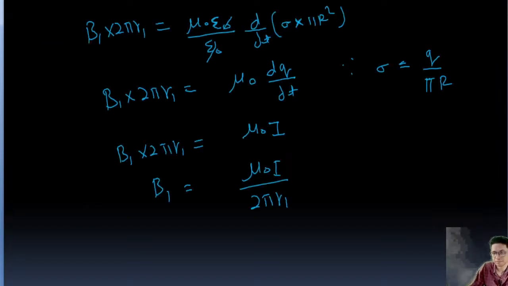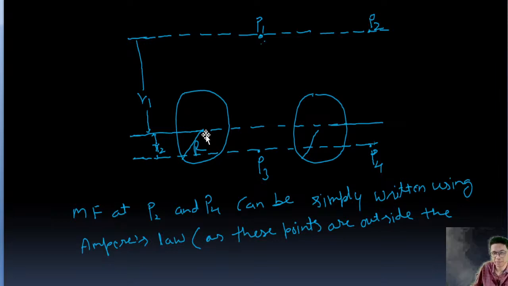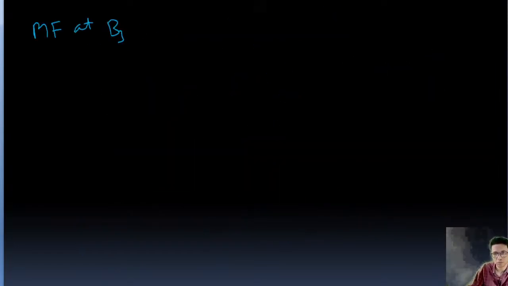Now we'll find the magnetic field at this one, the magnetic field at P3, okay. At this point we are going to get the magnetic field. So this is inside the capacitor, okay. So the magnetic field at P3, okay. So again we'll use the same formula, okay.